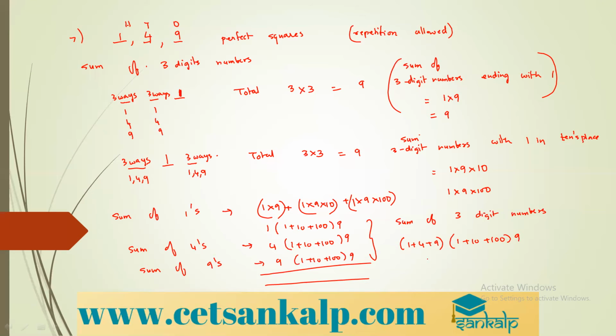So in this way, I will have 14 into 9 into 111. That comes out to be 13,986. That is the sum of all 3-digit numbers formed. Okay, let us go to the next question.